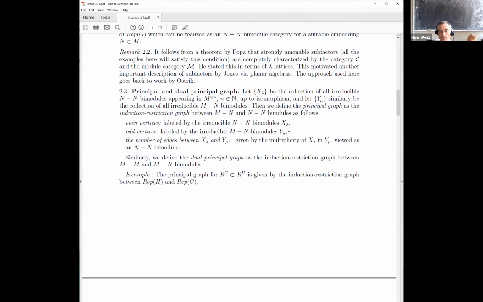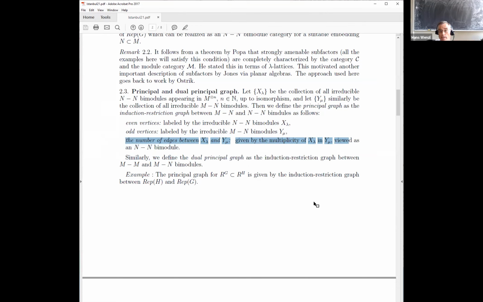Now, if one takes such an MN bimodule, then of course I can restrict the left action from M to N, and hence it decomposes into a direct sum of NN bimodules. Hence the number of edges is given by the multiplicity of X lambda in Y mu, viewed as an NN bimodule.